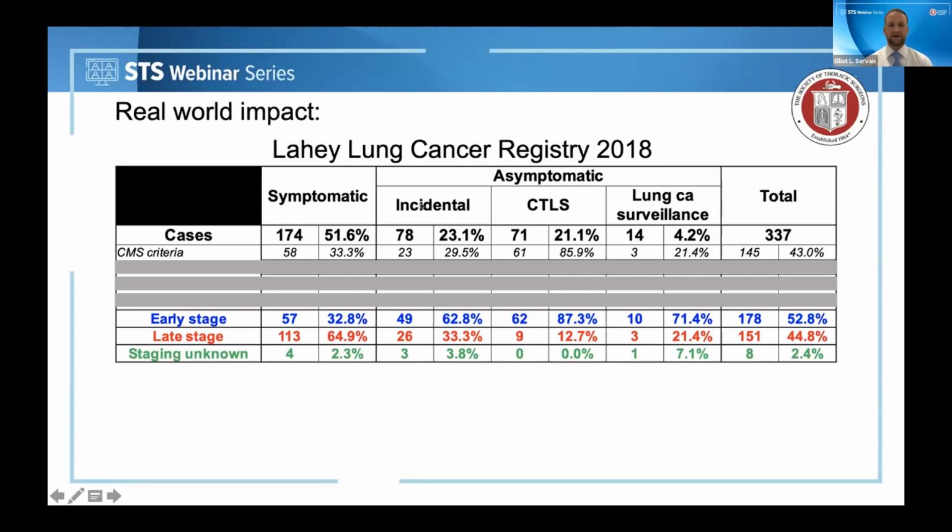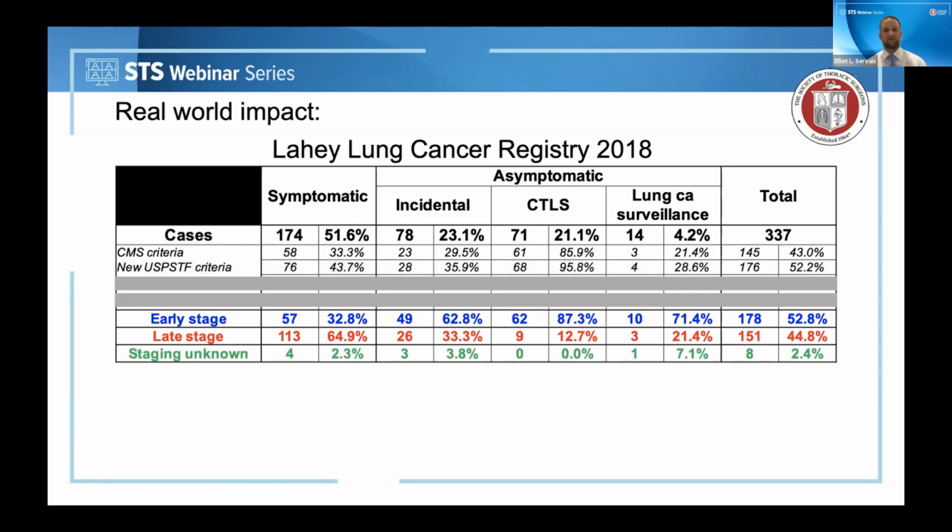Other cancers were found by incidental findings on studies, or patients were getting lung cancer surveillance after having had a prior lung cancer. Well, if we apply retrospectively to this total denominator of lung cancers diagnosed at our hospital the current CMS criteria based on the original USPSTF guidelines, 43% of the patients would have been eligible for screening.